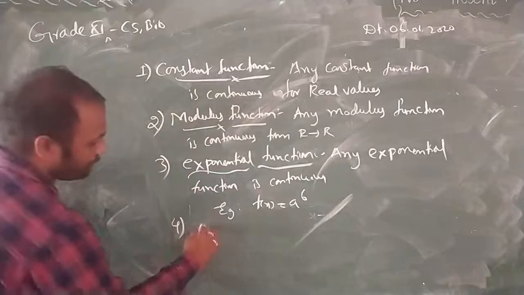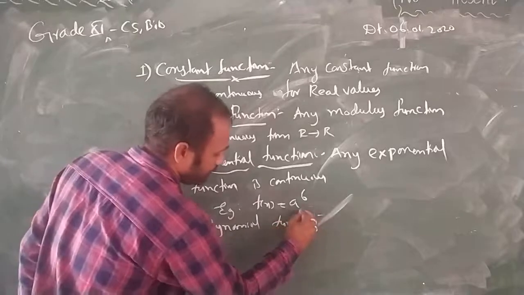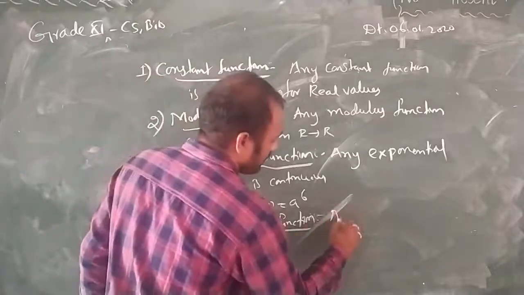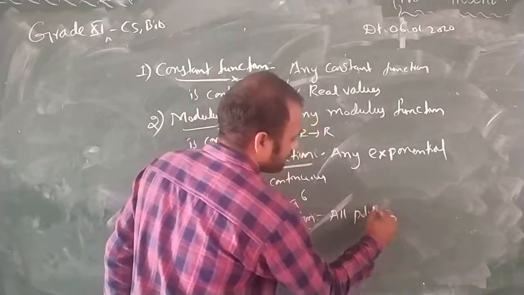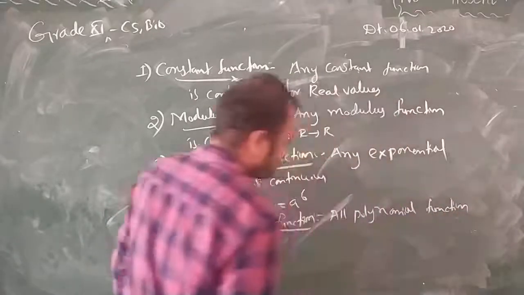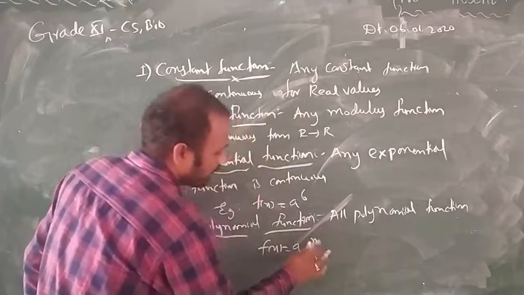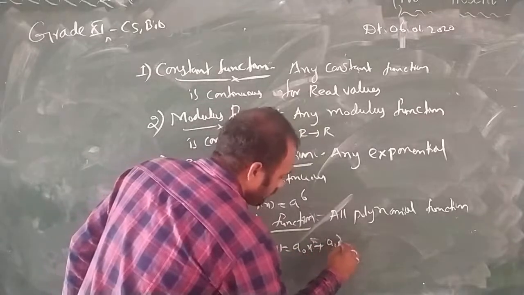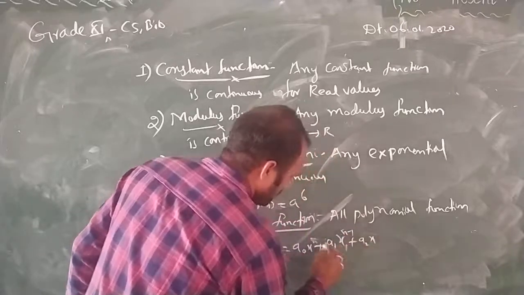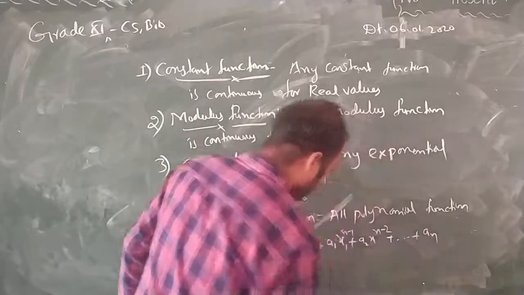The next one is polynomial function. All polynomial functions are continuous, of the form f of x is equal to a naught x power n plus a1 x to the power n minus 1 plus a2 x to the power n minus 2 and so on plus an.